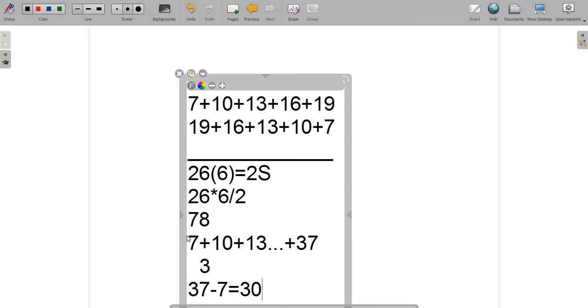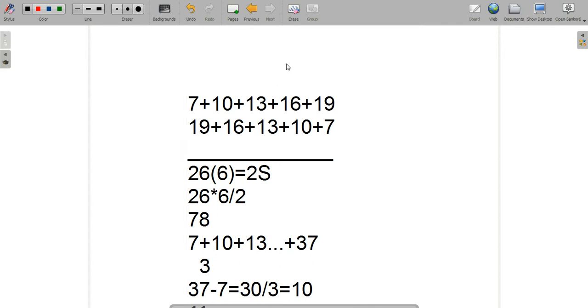And as you recall, you're adding 3 each time. So when you divide it by 3, it's going to give you 10, which is how many numbers are after that 7. So in total, how many numbers are here? 11. 11 numbers.